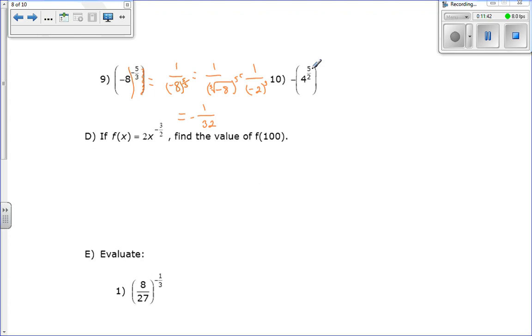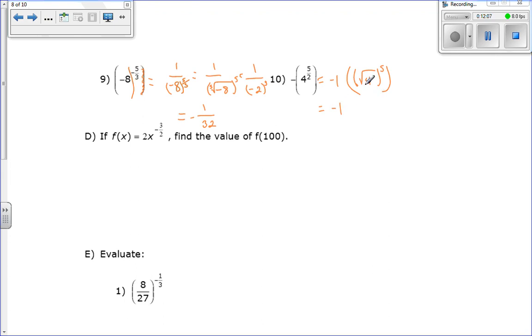This one's a little bit different because I'm actually going to raise it to the fractional exponent and then multiply my answer by -1. So I have -1 times the square root of 4 raised to the 5th power.